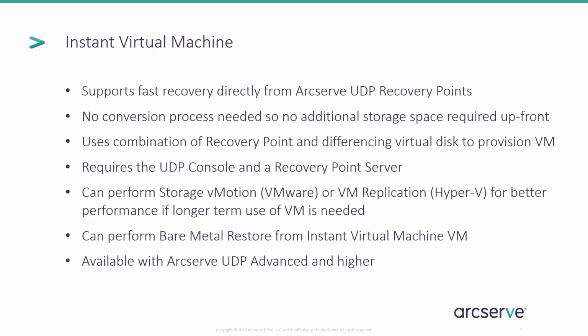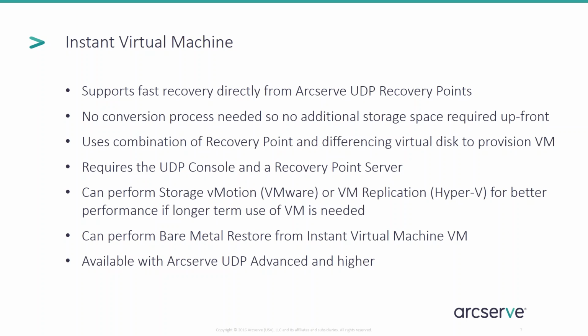And by using a combination of that source and differencing disk, we provision the VM. To use Instant Virtual Machine, you need the UDP console, and you need a recovery point server, and obviously you need a recovery point, or a backup of the server that you want to create a VM of.